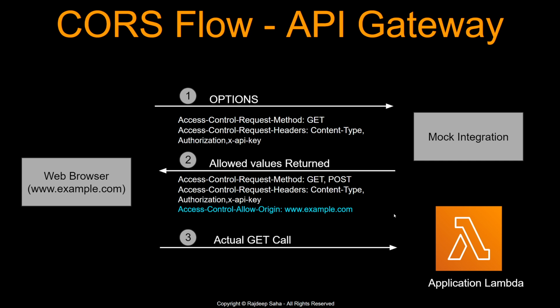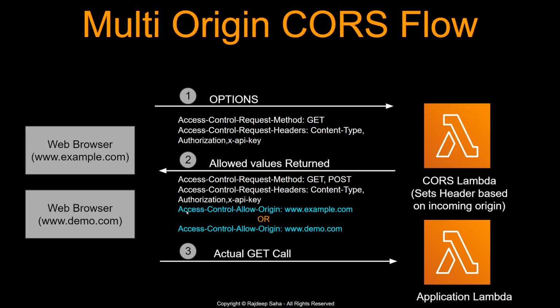But for a moment, like we discussed, imagine that the call to the same API can come from example.com or maybe demo.com. How you can accommodate that is, instead of a mock integration, you can call a Lambda even for the options method, and this Lambda can set the headers instead of hard-coding all the header values in the mock integration.